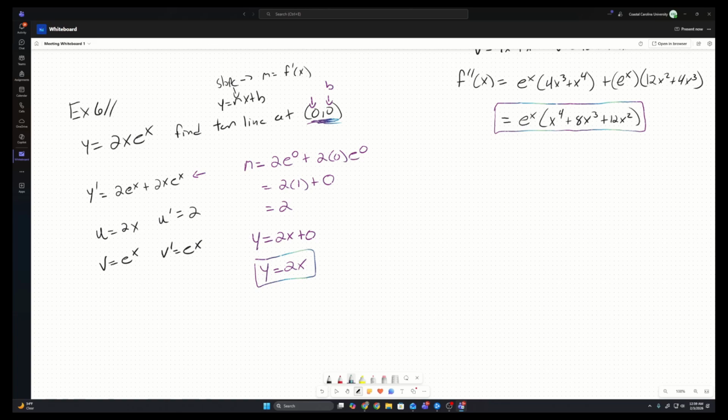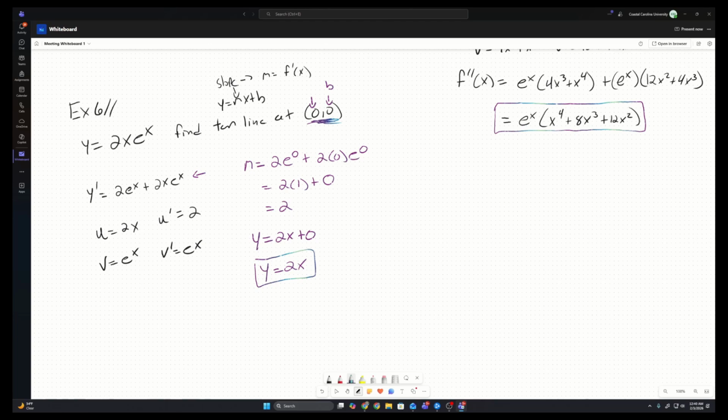Again, slope is always a derivative. Starting at around 2.7, we said we had the limits to help us find the f primes. Well, f prime is the slope.